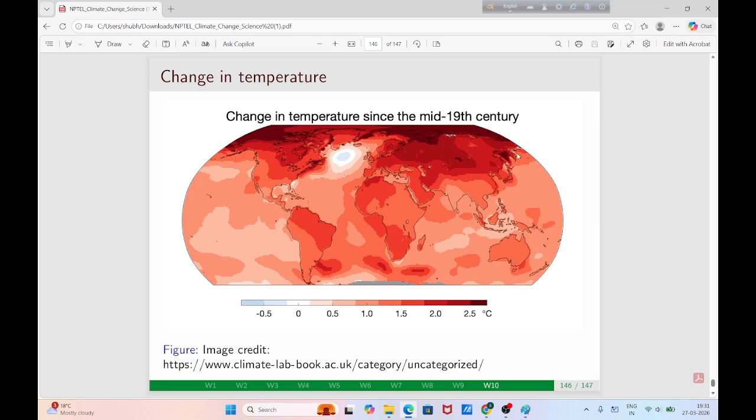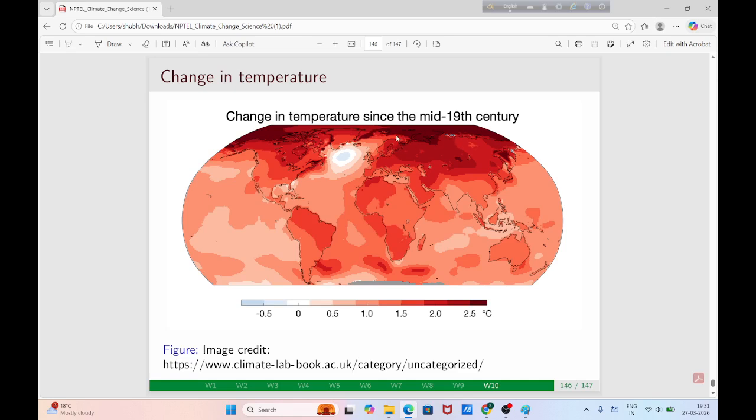That is called polar amplification. And there is an increase in the Indian region also, but the increase is not that much. But there is an increase in temperature in almost the whole world. In the polar region, it is even more pronounced: the polar amplification.